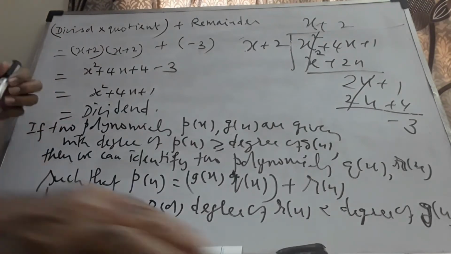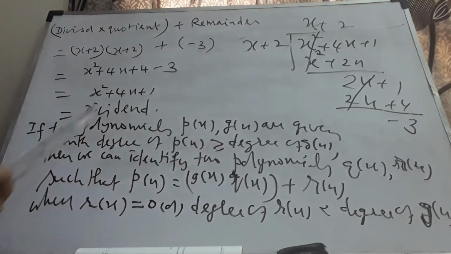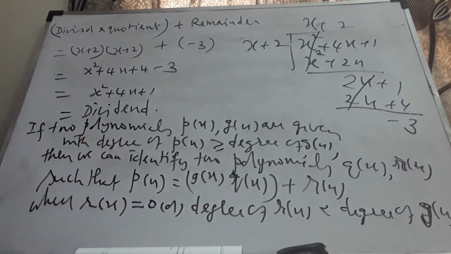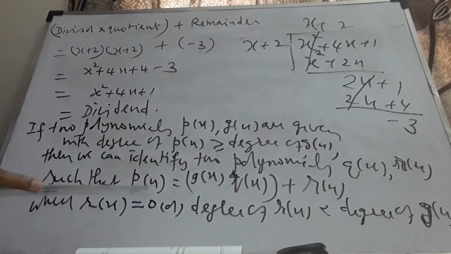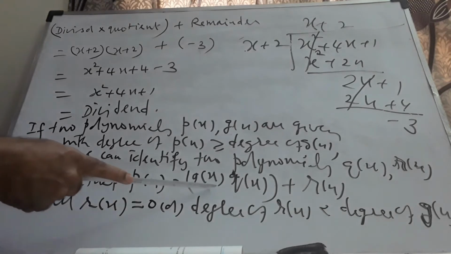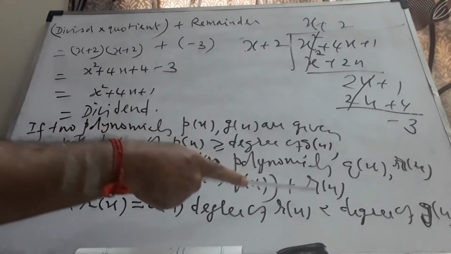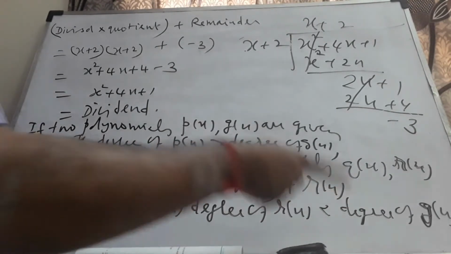I repeat, if two polynomials p of x, g of x are given with degree of p of x greater than or equal to degree of g of x, then we can identify two polynomials q of x, r of x such that p of x can be written as g of x into q of x plus r of x, where either r of x is 0 or degree of r of x is less than degree of g of x.